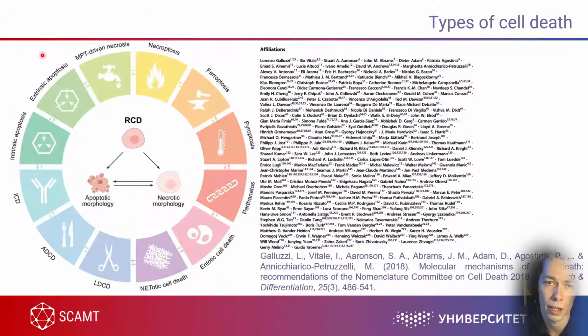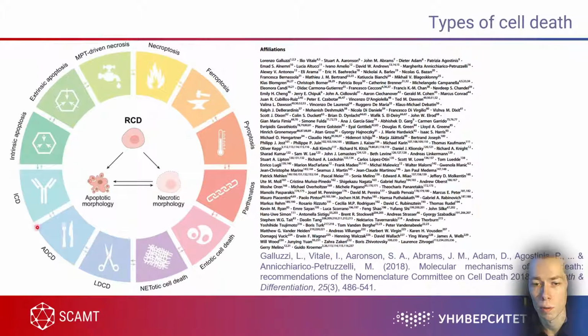And for example, extrinsic apoptosis, intrinsic apoptosis, and so on. And when we observe, for example, our cells after incubation with some simple nanoparticles, there is no way, using just a simple technique like fluorescent staining, to understand what really happened to these cells after incubation with nanoparticles.